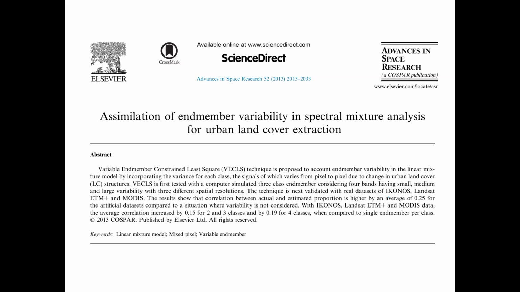For example, cement can be used in the form of concrete buildings, or we can have an asbestos roof or tile roof, and so on. So we see that within the buildings we have a variation.